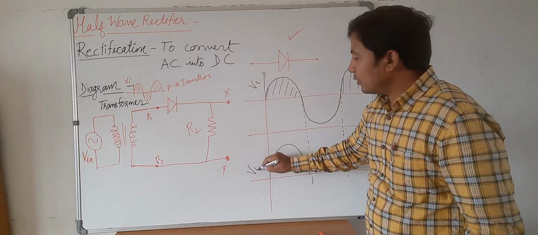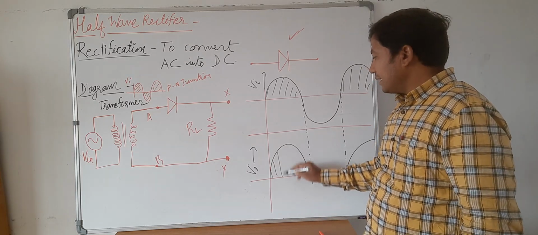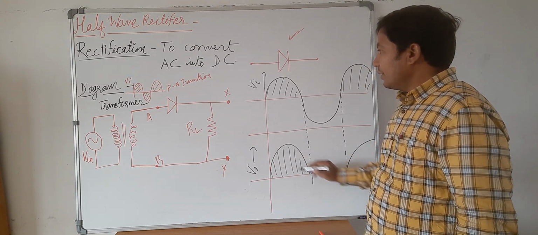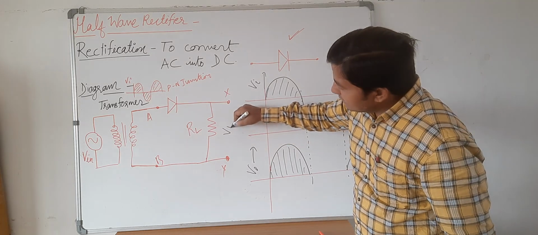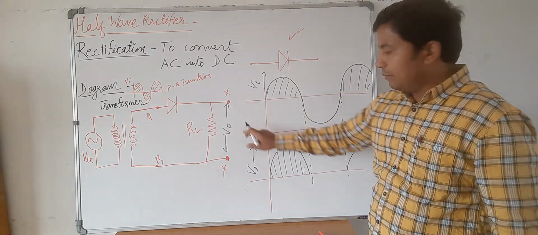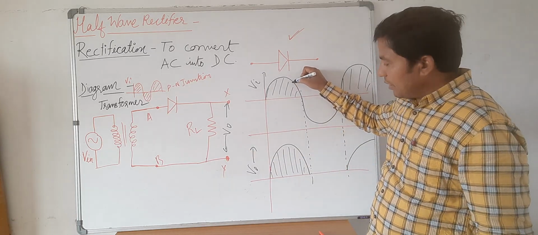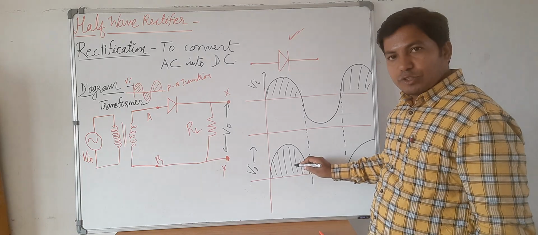This is V output. VO will be measured between these two terminals. So for VO, the wavefront will be in this way. For positive half cycle, when Vi is in positive half cycle, output voltage will be shown there.